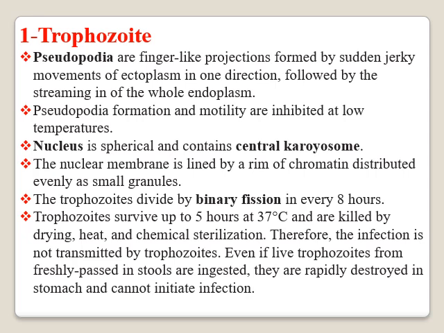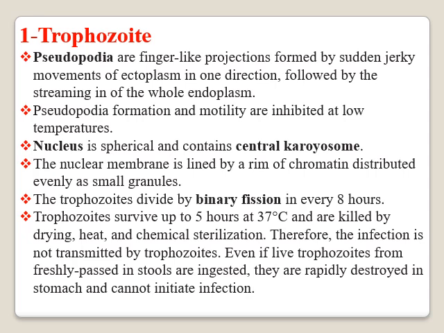The trophozoite divides by binary fission every 8 hours. Trophozoites survive up to 5 hours at 37 degrees and are killed by drying, heating, and chemical sterilization. Therefore, the infection is not transmitted by trophozoite.